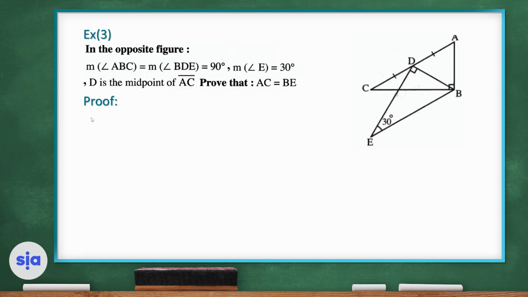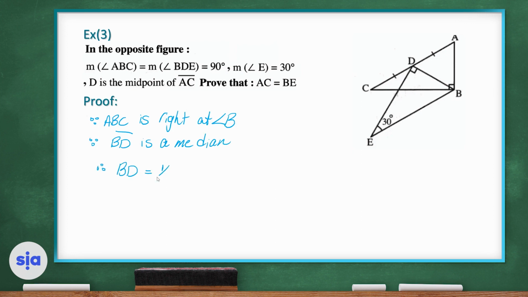So we're going to say, since ABC is right at angle B, since BD is a median, therefore BD is half the AC.